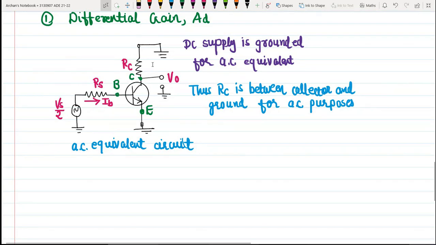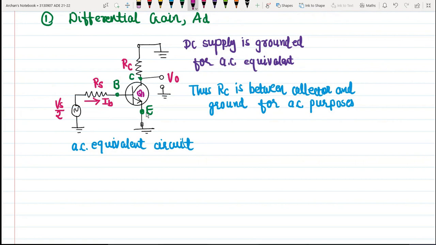Now you can see we have considered the two transistors, and both transistors have matched characteristics. So the AC equivalent circuit for the second transistor will be identical to this transistor circuit. Suppose this is the transistor Q1, then the same circuit applies for transistor Q2 also.